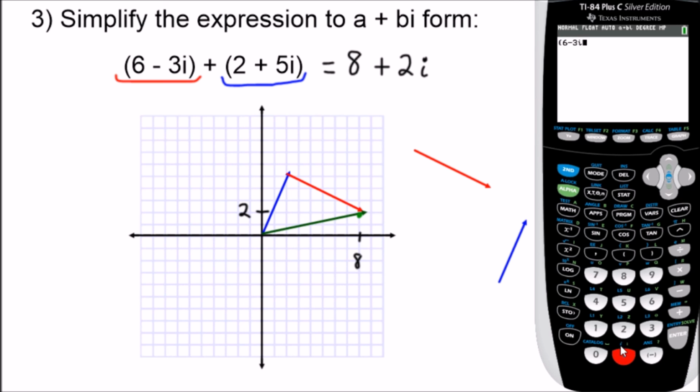See, it has that blue i attached there. And if we write in the other complex number, we have plus 2 plus 5i. And we work this out, you see it's going to work out for us to 8 plus 2i. So this is just another way of evaluating complex numbers using technology.